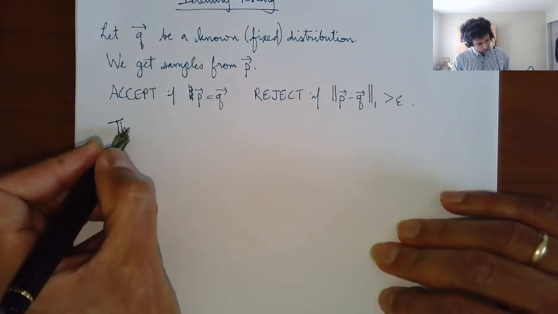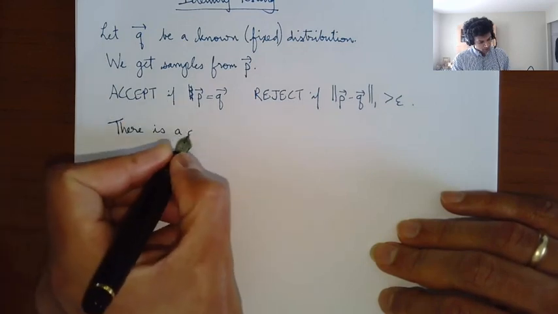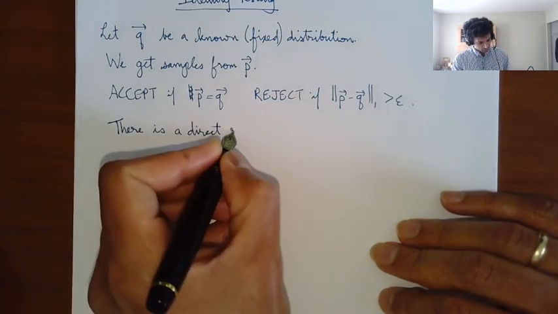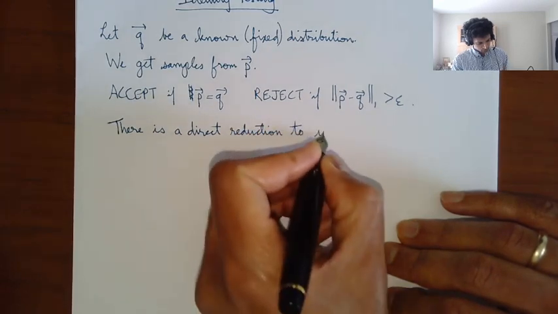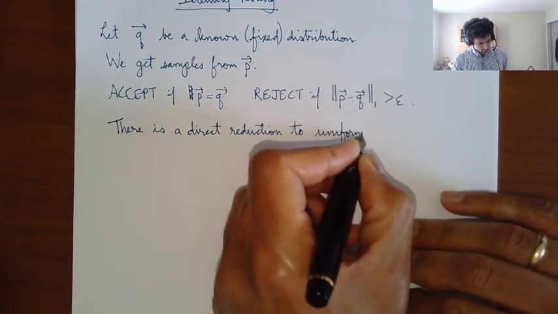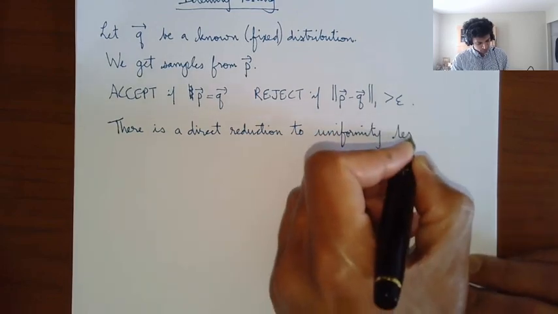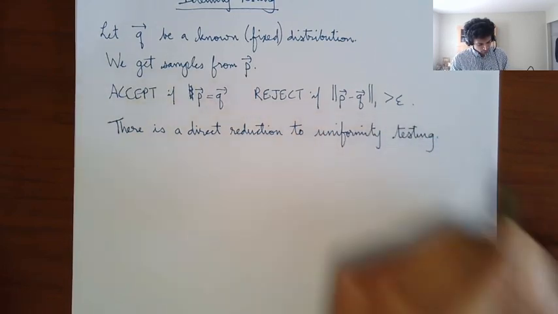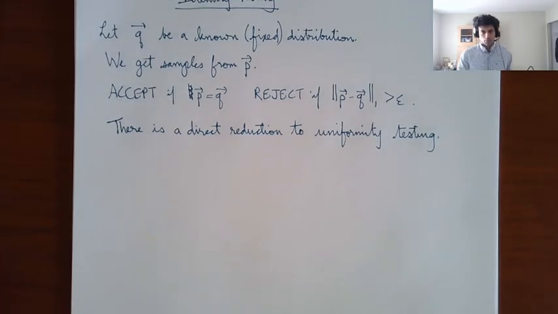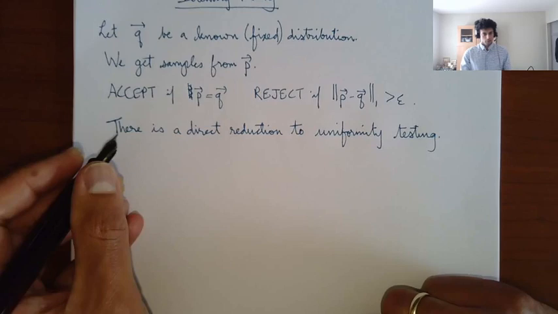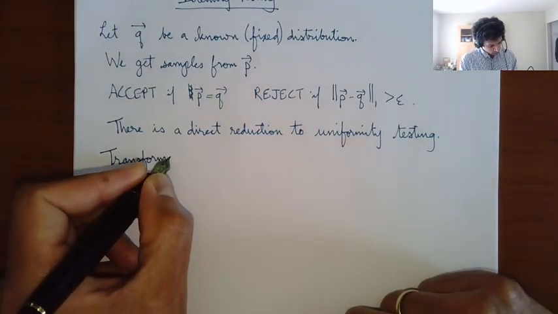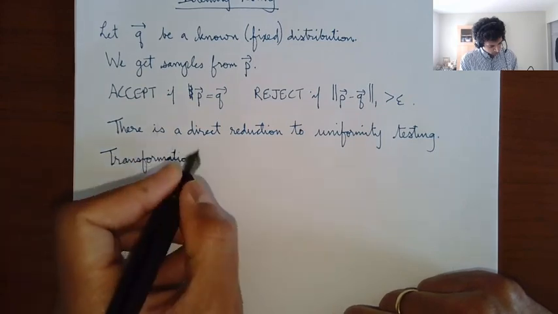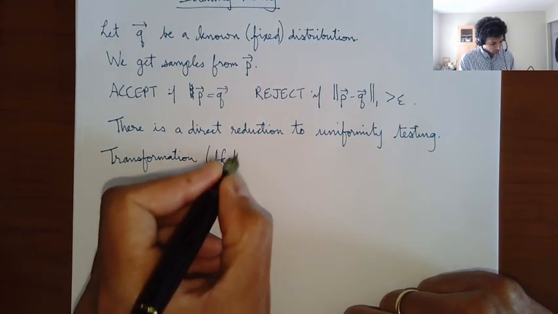There is a direct reduction to uniformity testing. So it turns out that I can plug in any uniformity tester. What we're going to do is a transformation which I like to think of as flattening.